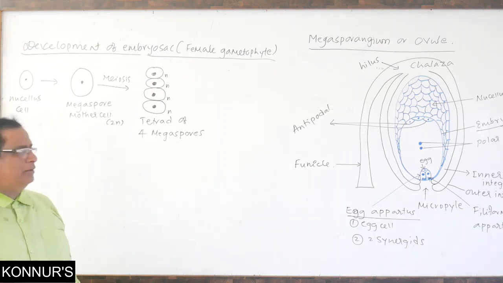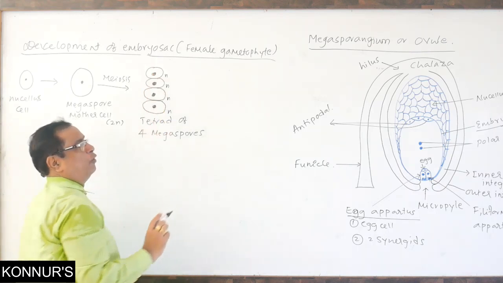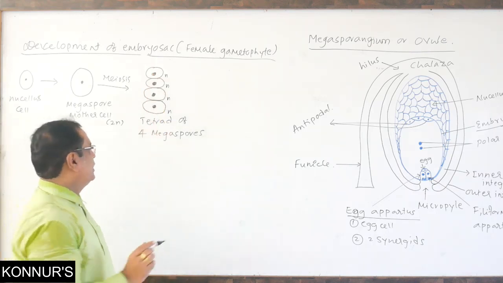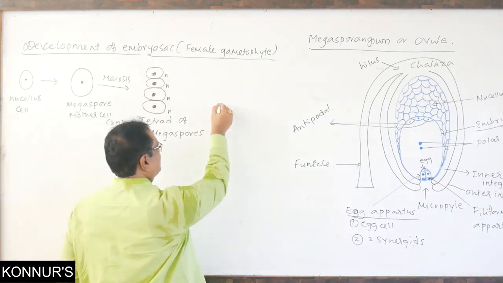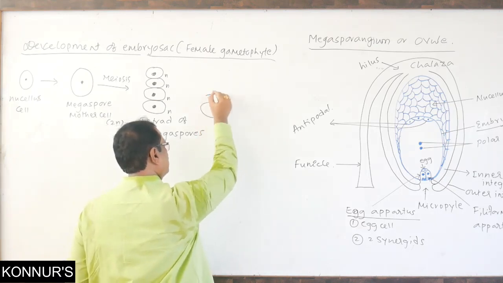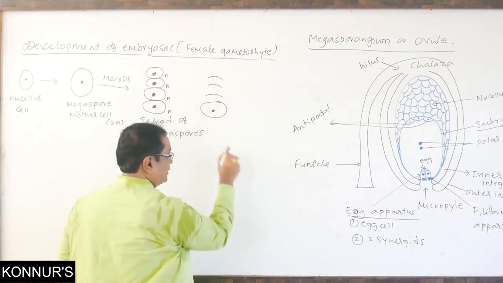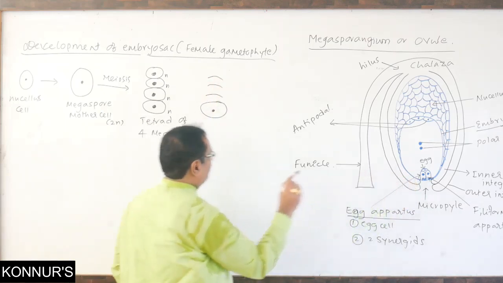And later on, among these 4 megaspores, 3 get degenerated. 1 is remained, 3 get degenerated. This is towards the micropyle.